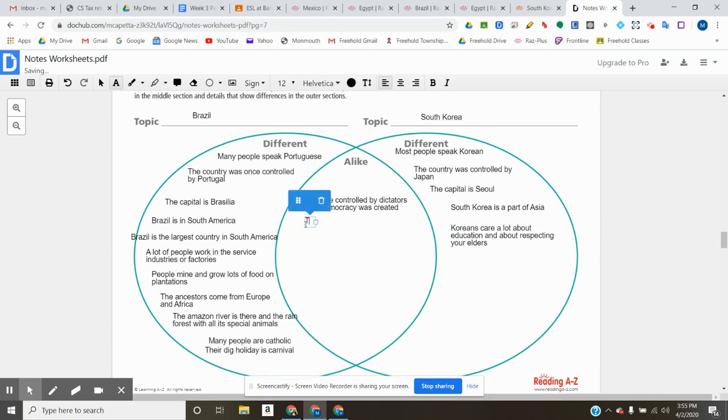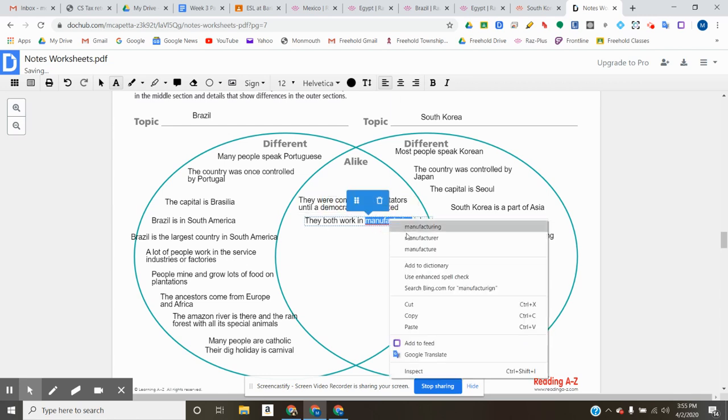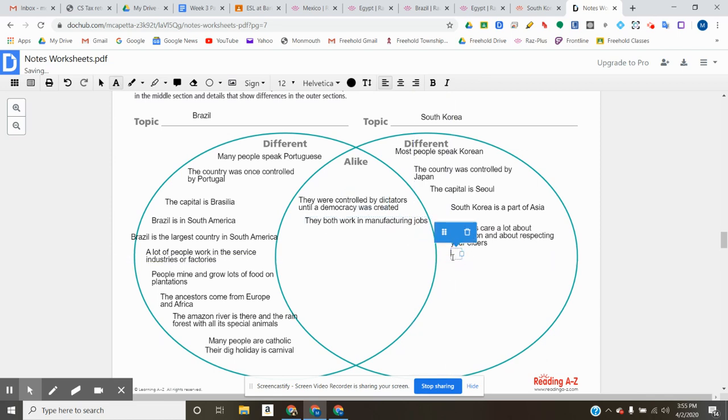So they both work in manufacturing jobs, but South Koreans also work with computers.